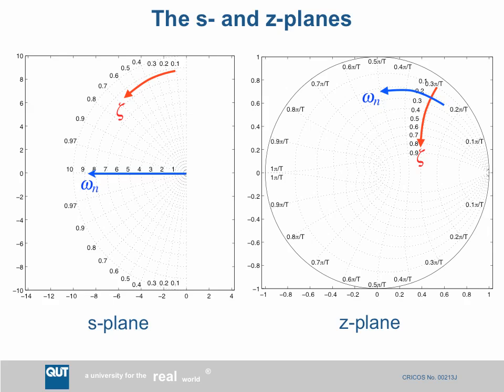Natural frequency increases along somewhat strange shaped lines as you move to the left, and the lines of constant damping factor are also rather strange shaped. You can generate the figure on the right hand side using the MATLAB function zgrid, and the one on the other side using the function sgrid, and it will just draw this graphic showing you the lines of constant natural frequency and constant damping factor.